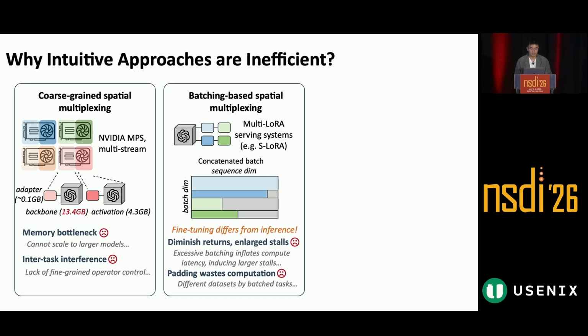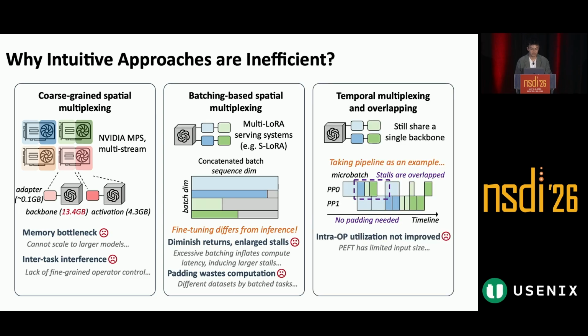As an example, batching everything together would induce diminishing returns in improving utilization, as we will illustrate later, which enlarges pipeline bubbles with more device idling. Moreover, batching tasks with different data sources would incur a large portion of padding that wastes compute and memory resources.